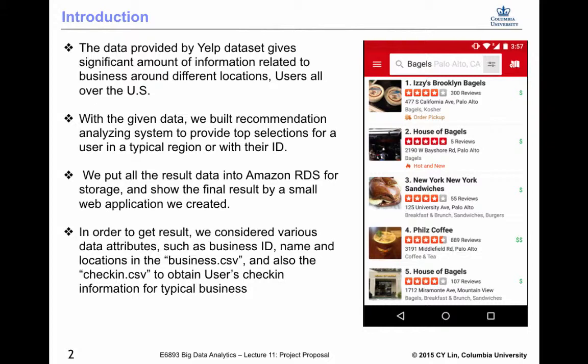In order to get results, we consider various data attributes, such as business ID, name, and locations, in the business.csv file and also the check-in.csv file, to obtain the user's check-in information for a typical business.